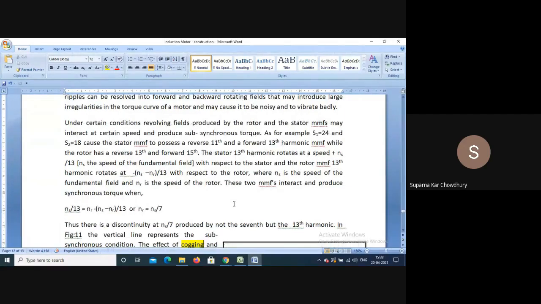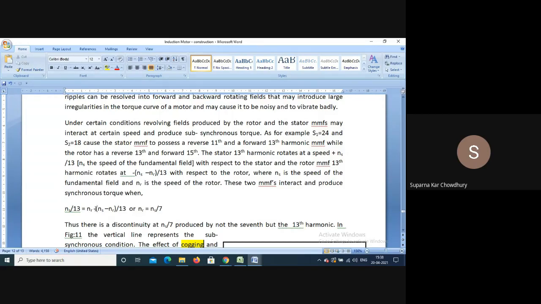These two MMFs interact and produce synchronous torque when, for a particular speed nr, these two speeds become equal. Any two harmonics will produce a torque if both of them are moving at the same speed. So this is the speed of the stator 13th harmonic, and this is the speed of the rotor 13th harmonic with respect to the rotor.